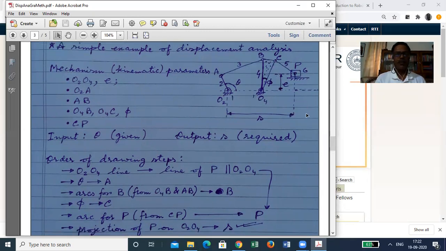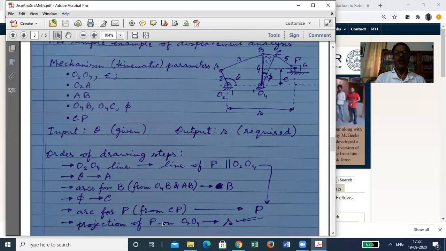So the projection of P on O2, O4 gives you S, which you wanted to determine. Fine. So two very simple problems connected together give us a simple mechanism, but the problem is a little more elaborate, involving quite a few steps.